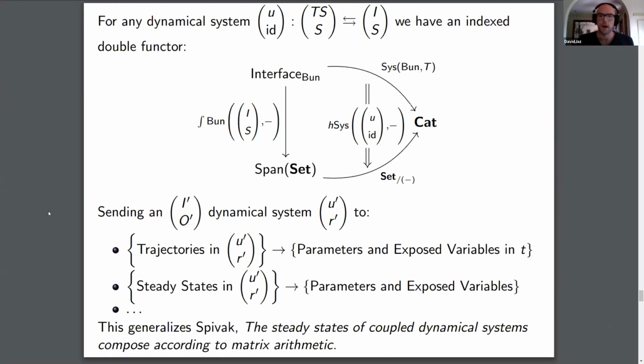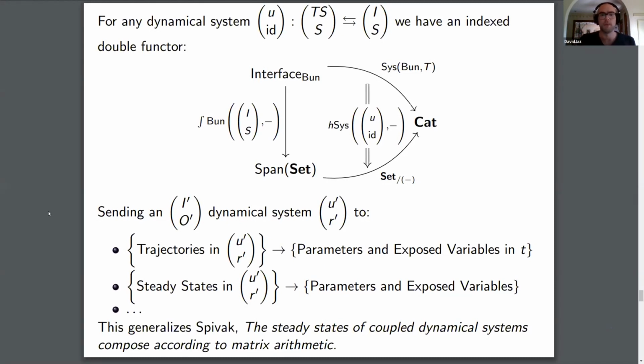So that's going to tell us the matrix multiplication part of this theorem. And then we're going to take the horizontal representable parts of this whole story.